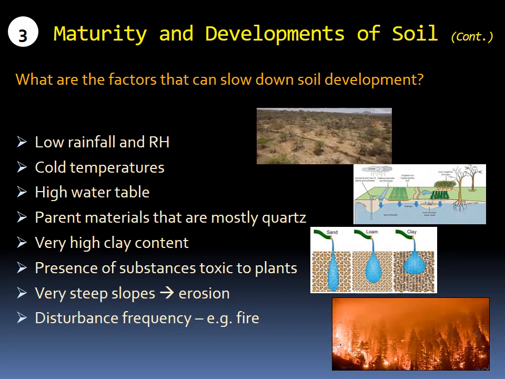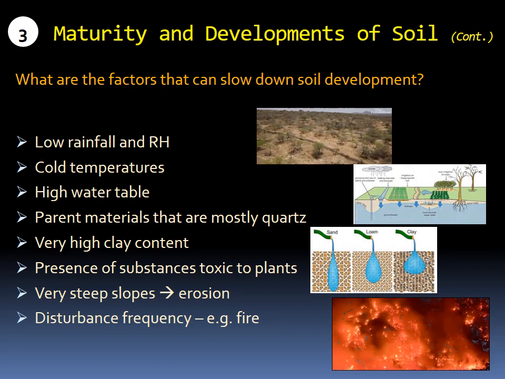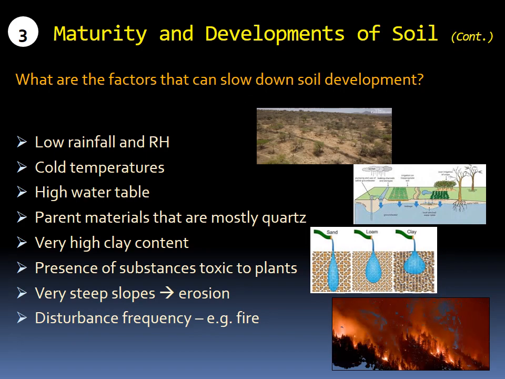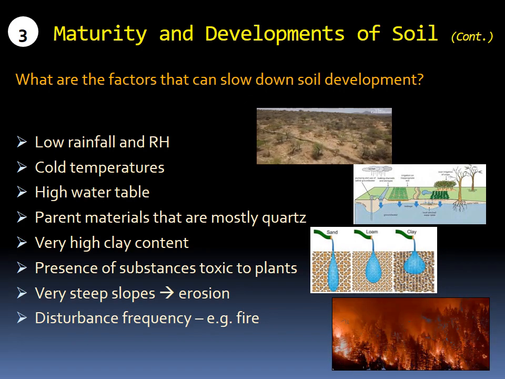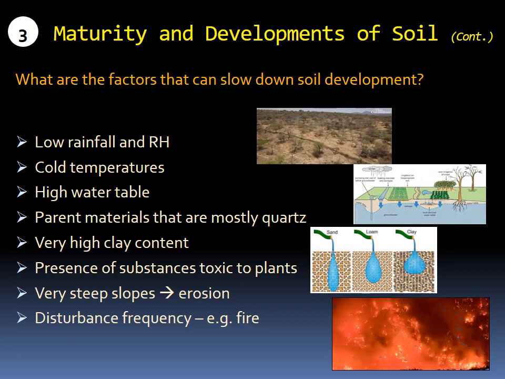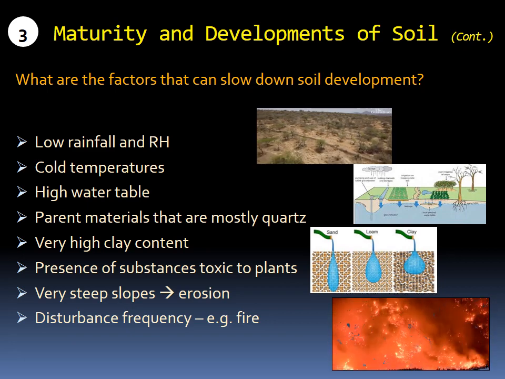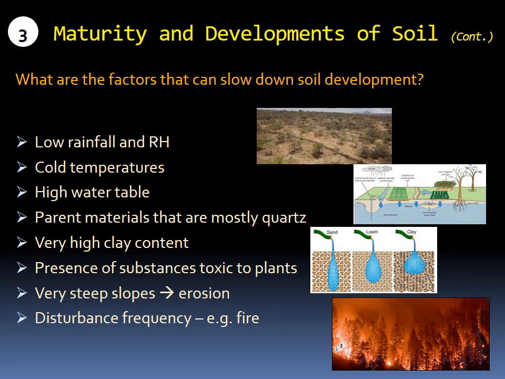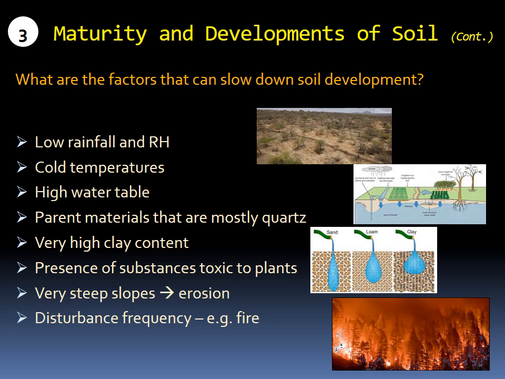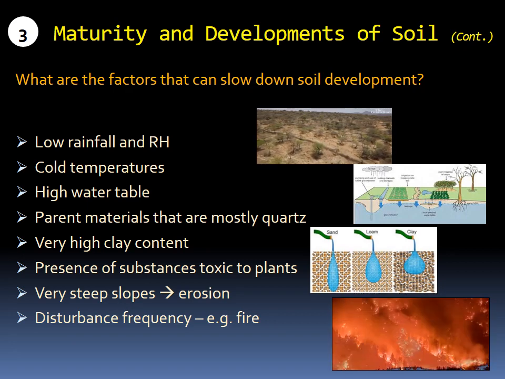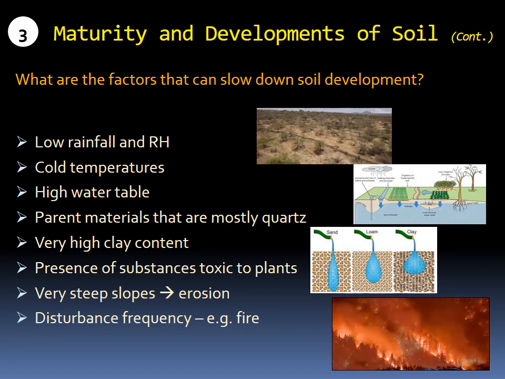The amount of clay also is another factor. If you look at the third picture, you would see that when you have a lot of clay, you slow down the water movement into the soil. And if you don't have a lot of water getting into the soil, you are eliminating the water which can create a lot of chemical weathering, and which can also translocate things and move things from the top to the bottom, dissolve things, and so on.